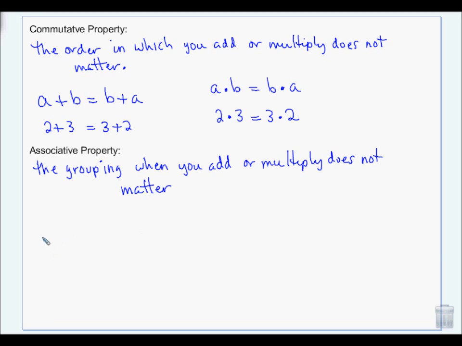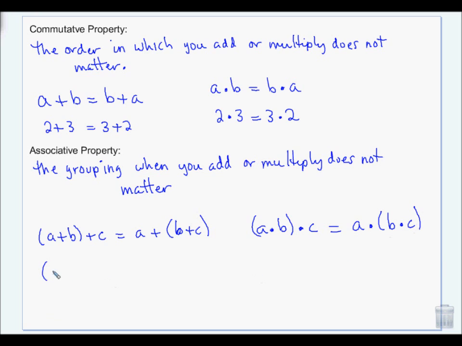If I have A plus B together in a group and I add C, it's going to be the same as if I take A and add it to B and C that are in a group. Or if I have A times B in a group and I multiply it by C, it's the same thing as if I had A and I multiply it by a group with B and C.